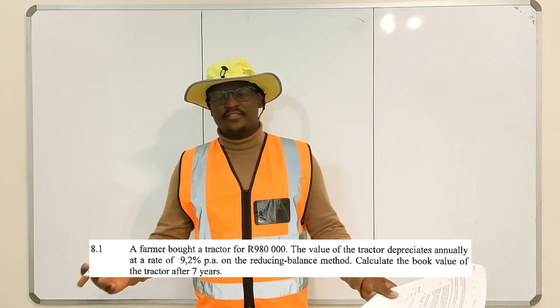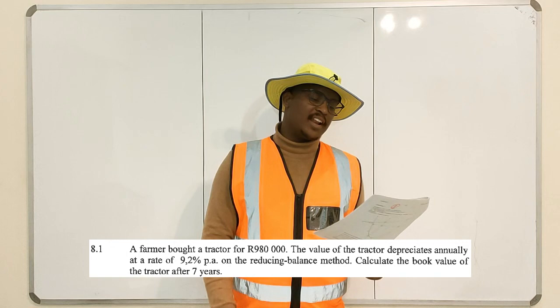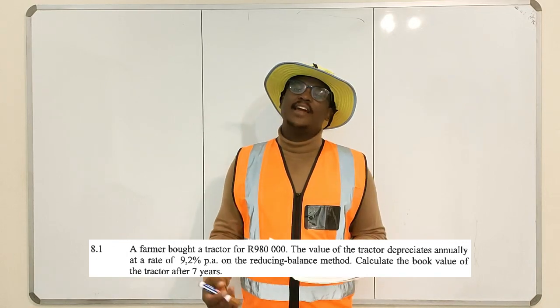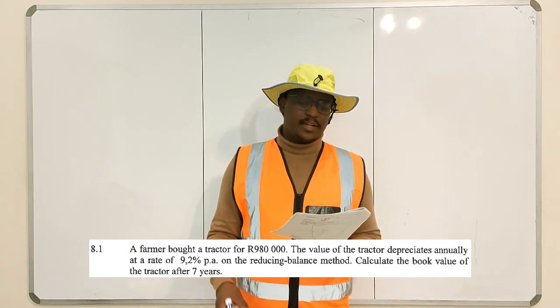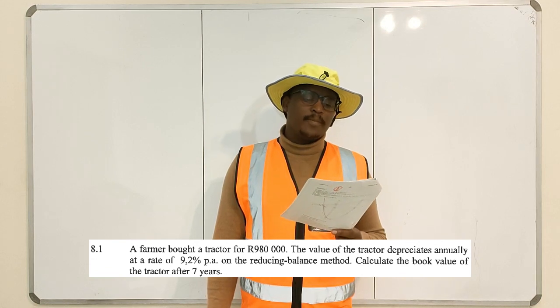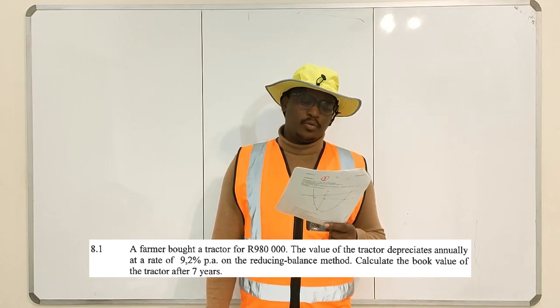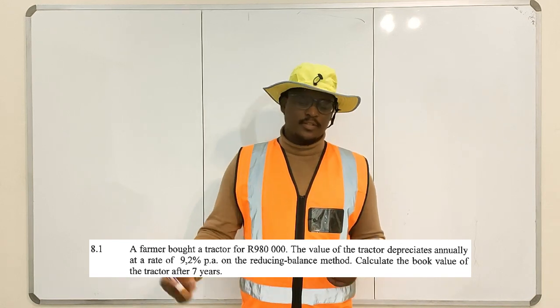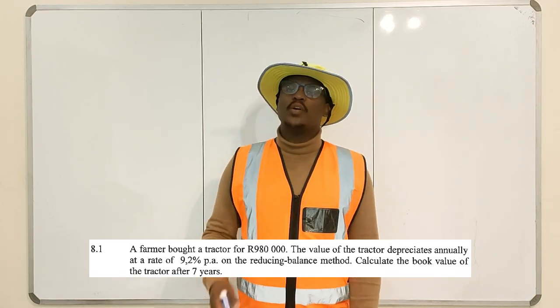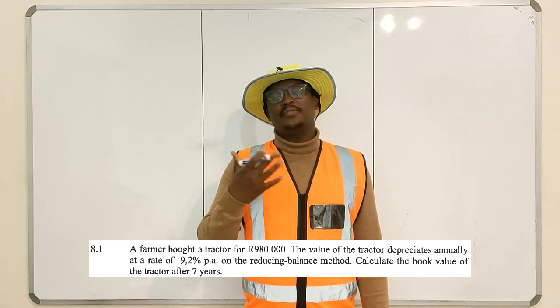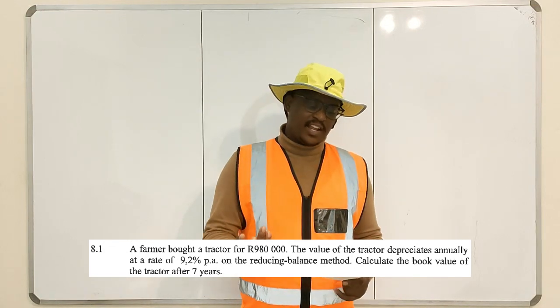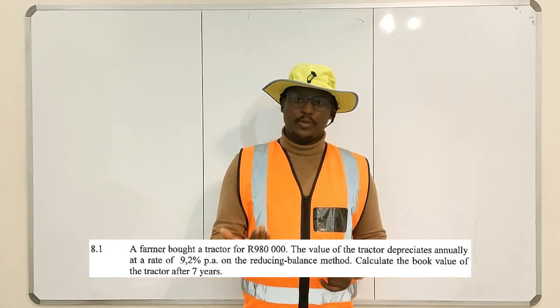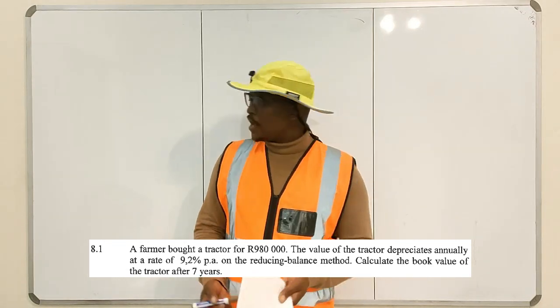So we're told that this farmer bought this tractor for 980,000 and it depreciates on the reducing balance method at a rate of 9.2% per annum. They want us to find the value of the tractor after 7 years of depreciating at 9.2%. So how do we do this?